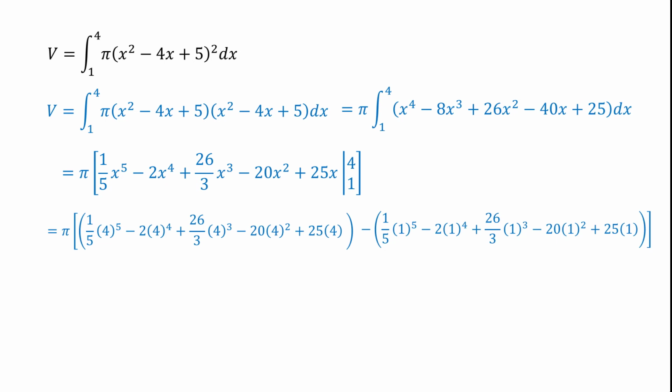That would be minus, and then in parentheses, 1/5 1 to the 5th minus 2 times 1 to the 4th plus 26/3 1 cubed minus 20 times 1 squared plus 25 times 1. This solves to 78 pi over 5.